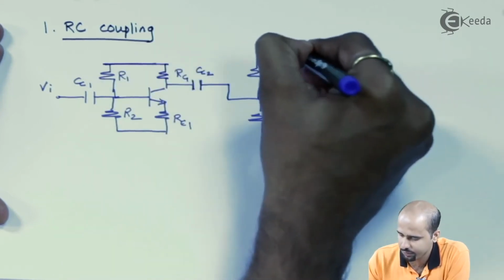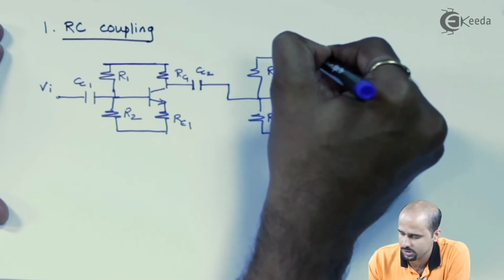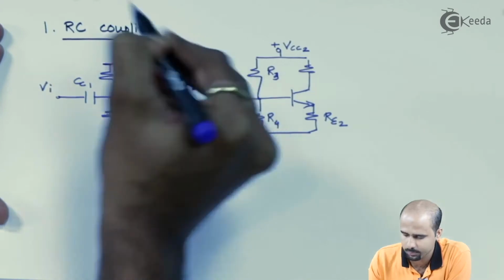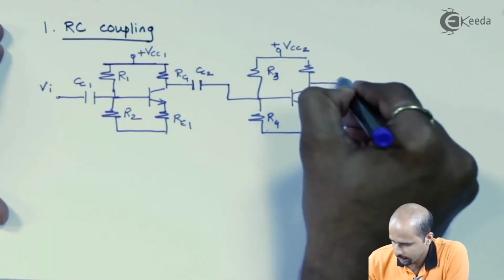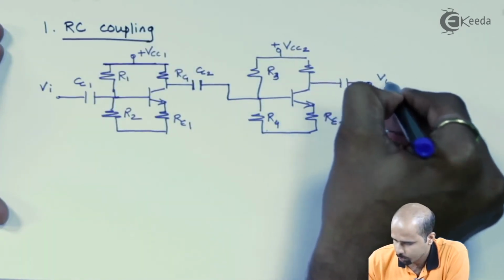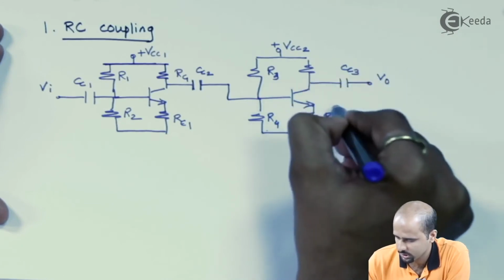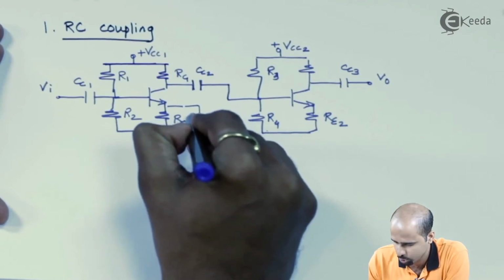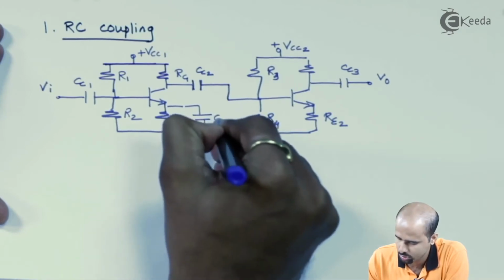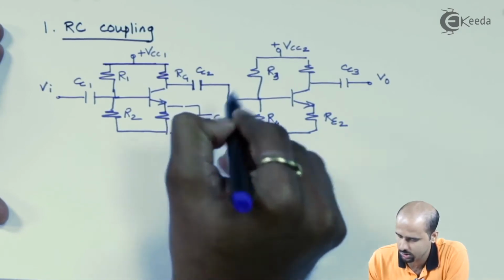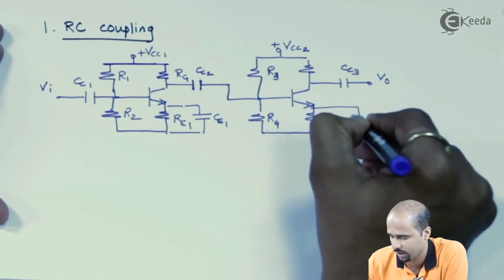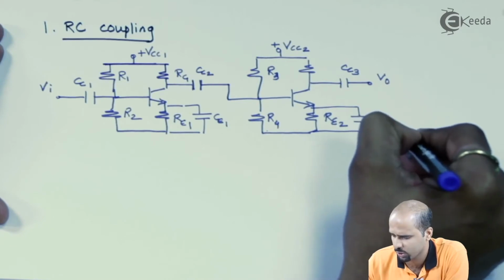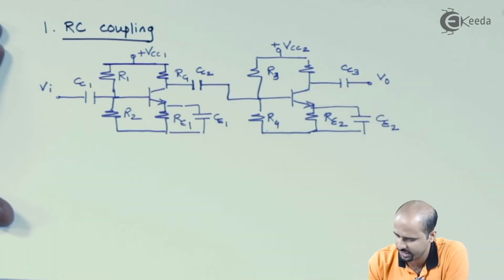You can have different DC levels, this will be VCC2, this will be VCC1, and again here we connect the output with coupling capacitor CC3. Here I have the flexibility to use CE1, the bypass capacitor 1, and bypass capacitor 2. Depending on the situation and the gain required by the customer, we will design.